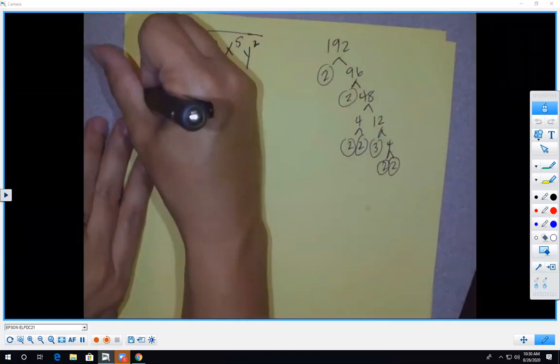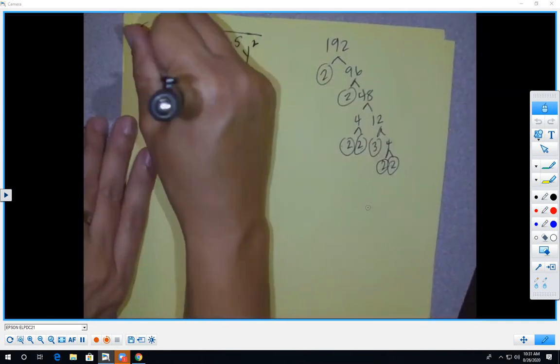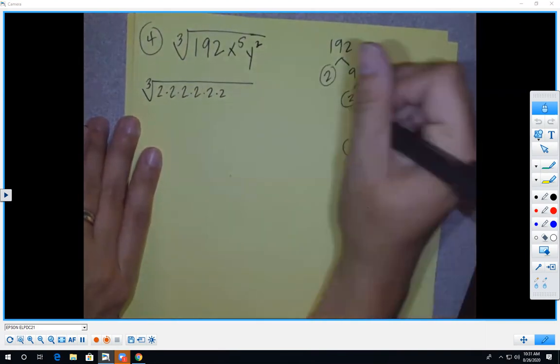So going back over here to your problem, there is 1, 2, 3, 4, 5, 6 twos. So 2 times 2 times 2, 2 times 2 times 2, and 1, 3.